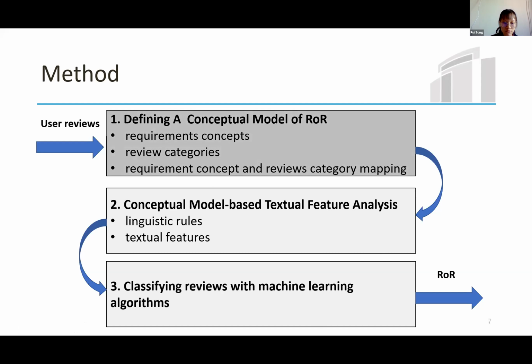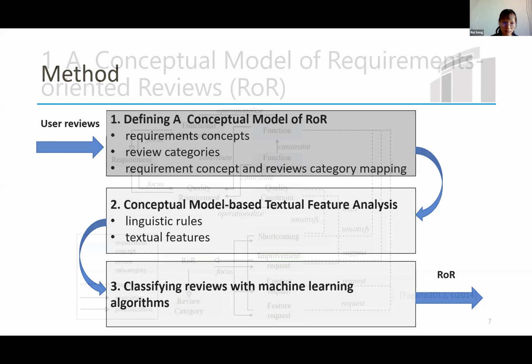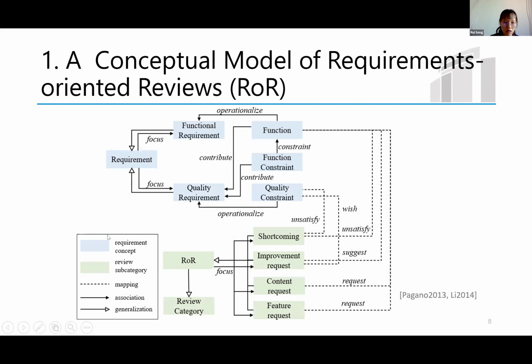Let's start from the first part. Please look at this legend. The blue boxes represent the concepts of the requirements. Such concepts are from the literature. We try to create associations between these concepts. And the green boxes are the review categories, which are from Pagano's work.